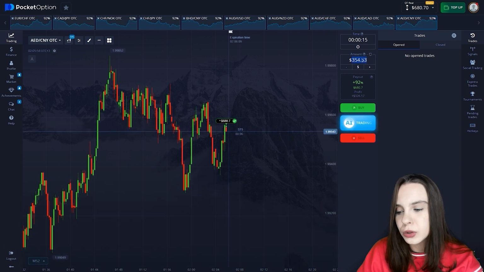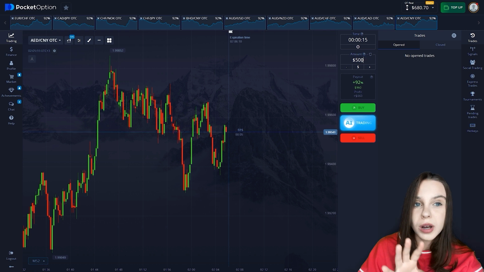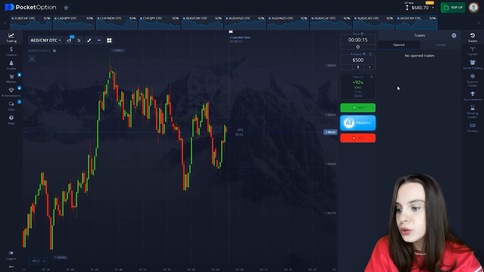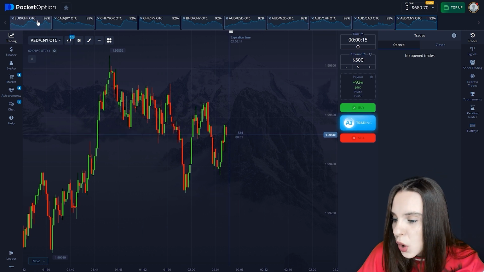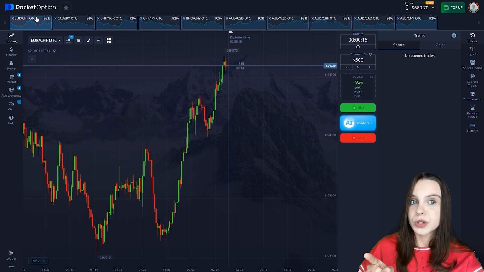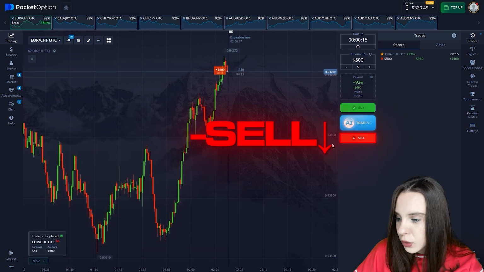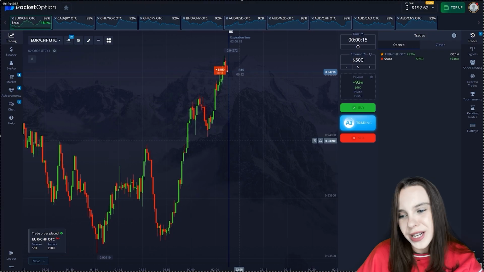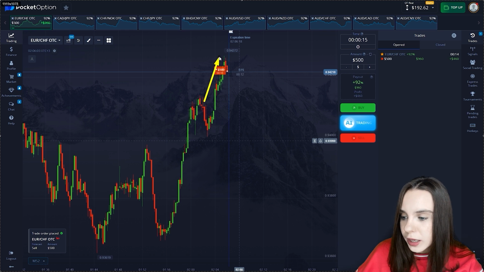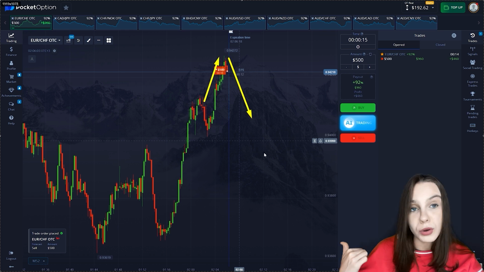So let's set the amount of the next transaction to $500 and move on to the first currency pair again, where we will finally get our $1,000, which I promised you. We quickly open a downward trade. We see that here we have a reversal as in the previous situation.